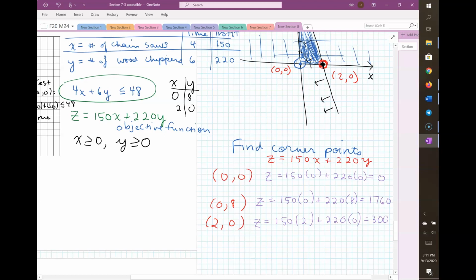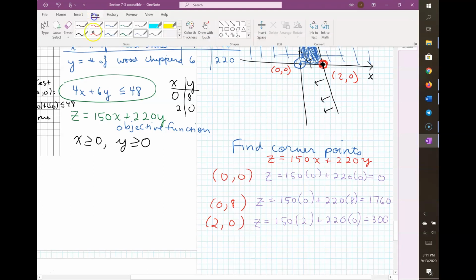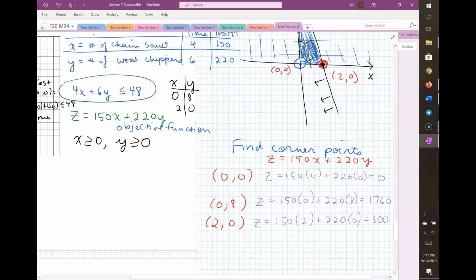So clearly, the teacher made a mistake, and I'm going to go back and fix it. I think it's more important for you to see how to notice and fix a mistake than to never make one. So my x-intercept should have been 12.